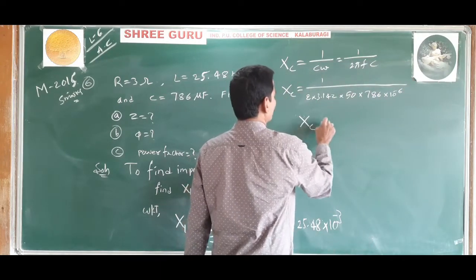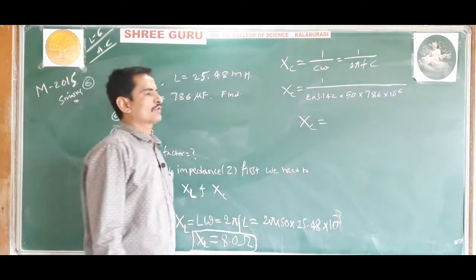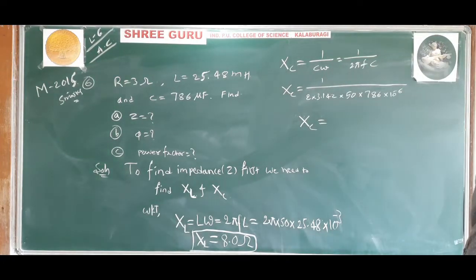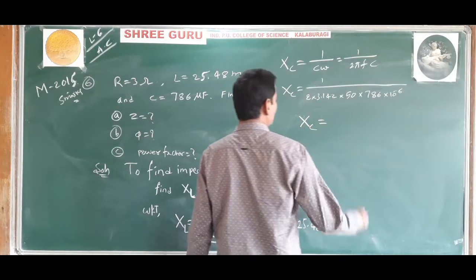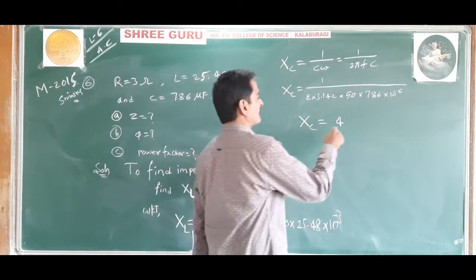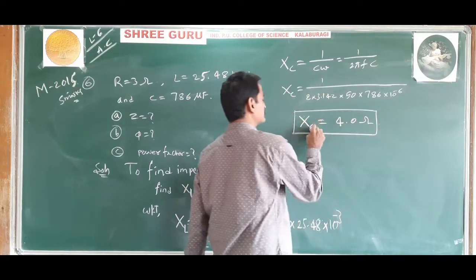And now do the calculation. After doing the calculation, round off the number to one decimal place, then you will get the answer as 4.0 ohm.